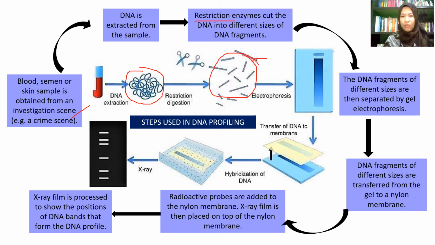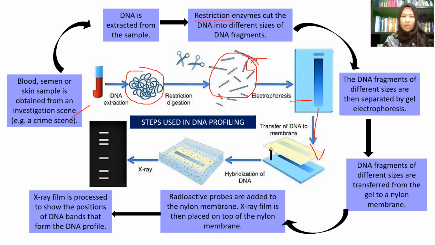Okay, with different sizes. The DNA fragments are now separated by using gel electrophoresis. The DNA fragments of different sizes are transferred from the gel onto a nylon membrane, and radioactive probes are added to the nylon membrane.